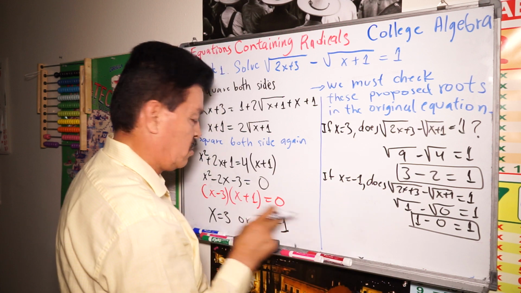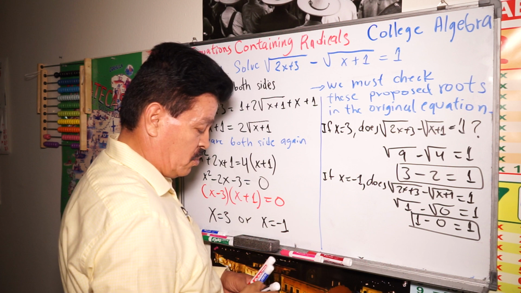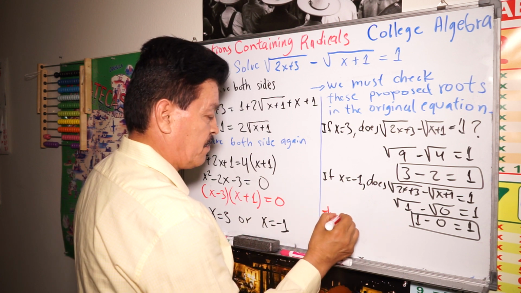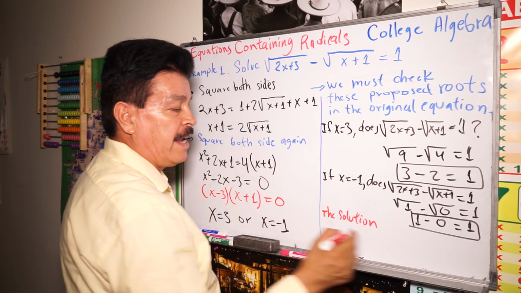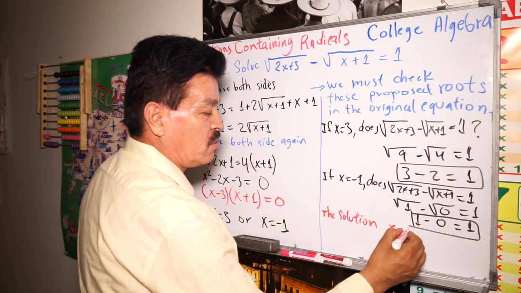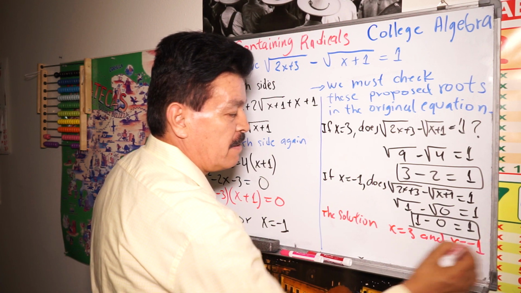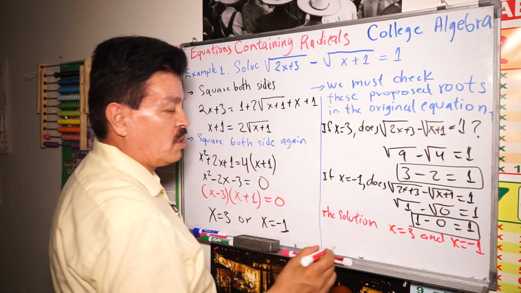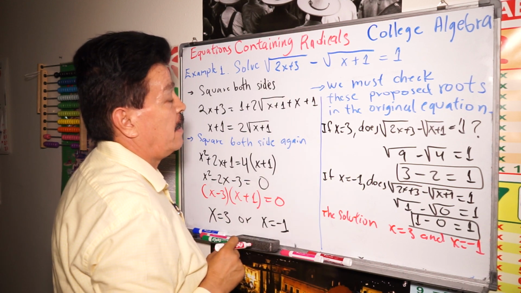So the solution, let me use another color: x equals 3 and x equals negative 1 belong to the solution of this equation.